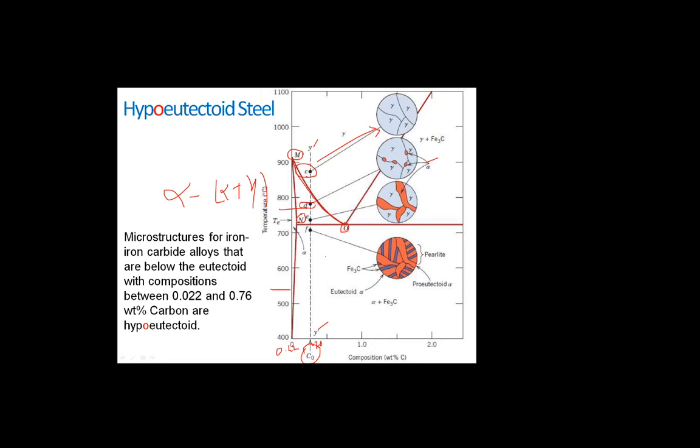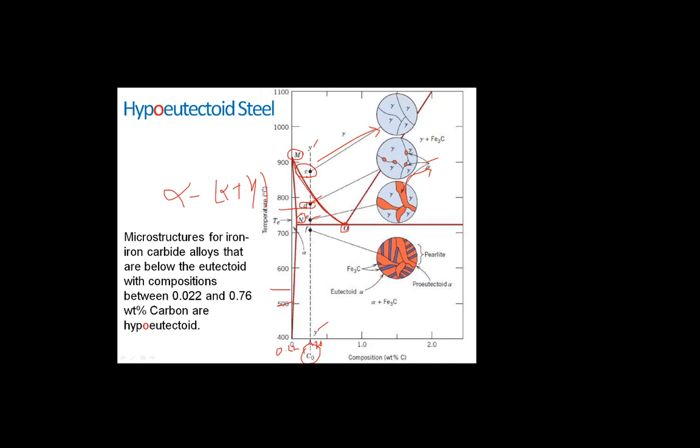Cooling from the point D to E, just above the eutectoid temperature but still in the alpha plus gamma region, will produce an increased fraction of the alpha phase, and a microstructure similar to that also shown. The alpha particles will grow larger, starting to form here.